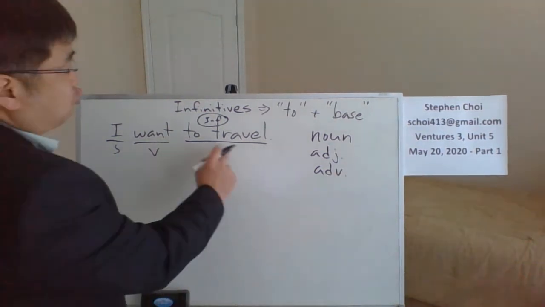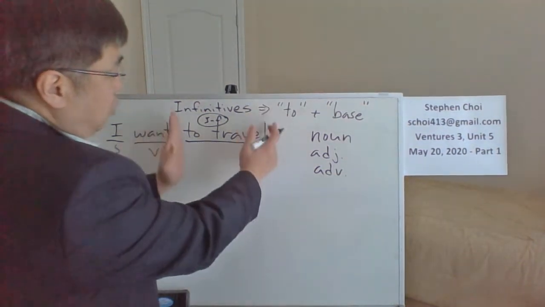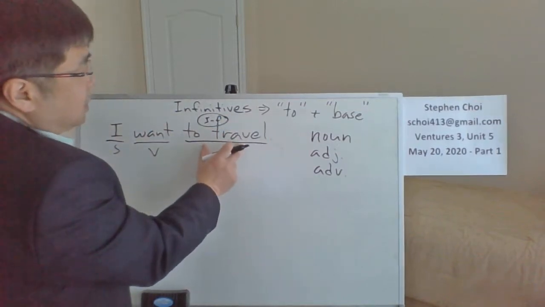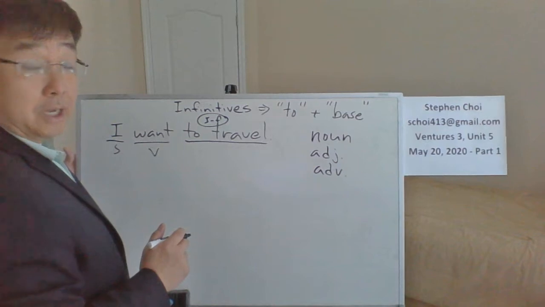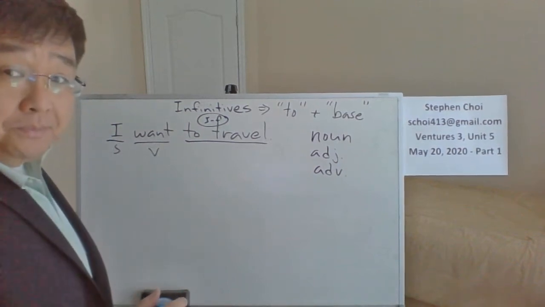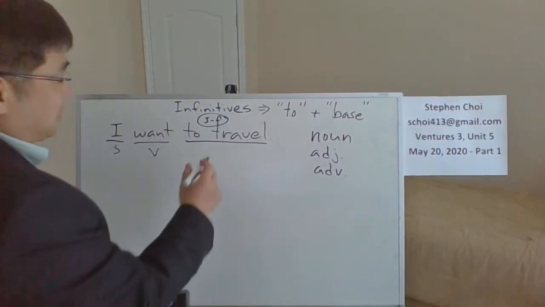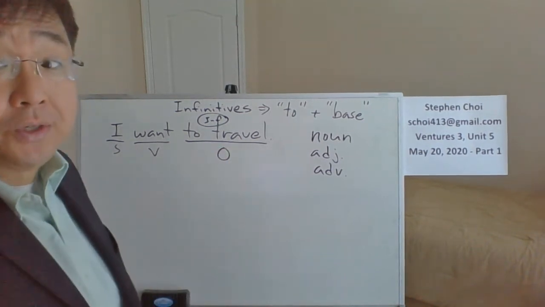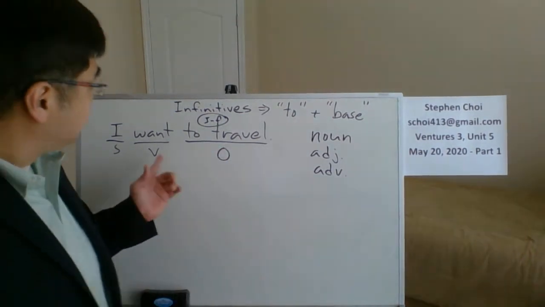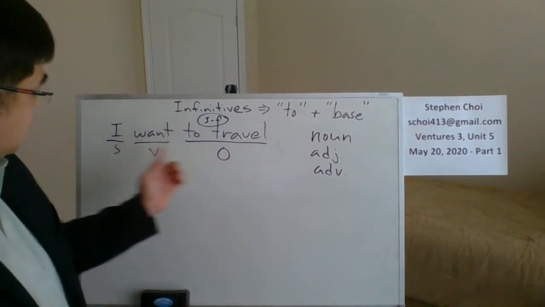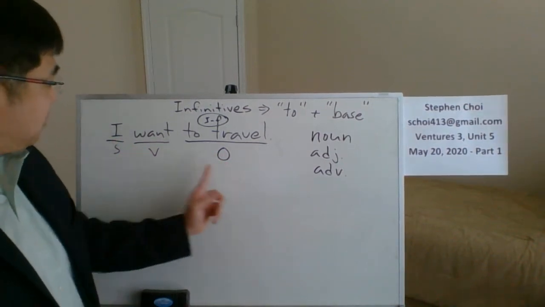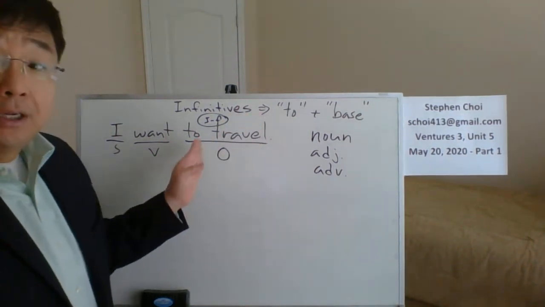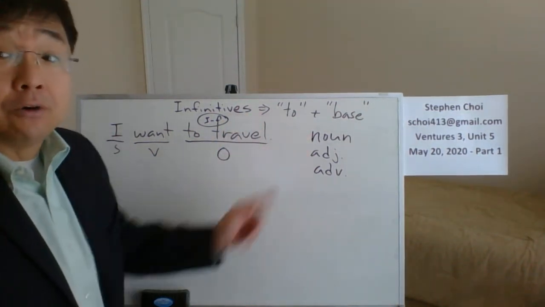This whole thing together, to travel, is being used as a noun, and in the sentence it is being used as a direct object. Can you see this subject, verb, object? This is a pronoun, this is a verb, and this infinitive to travel is a noun infinitive.